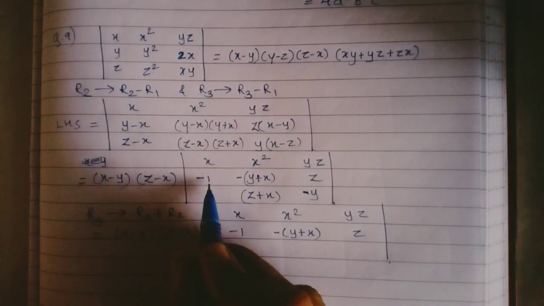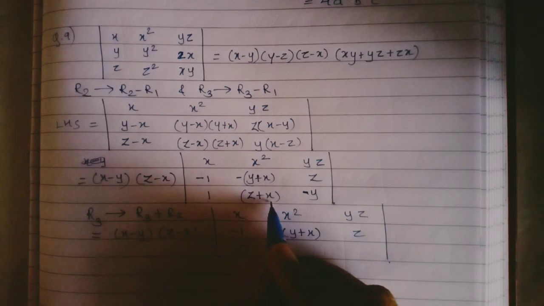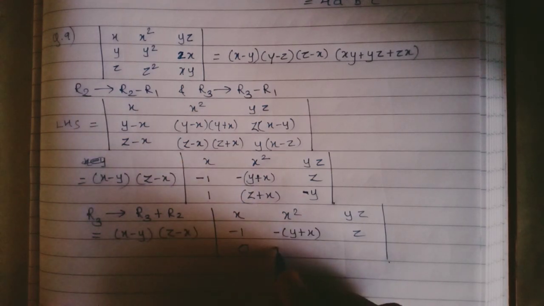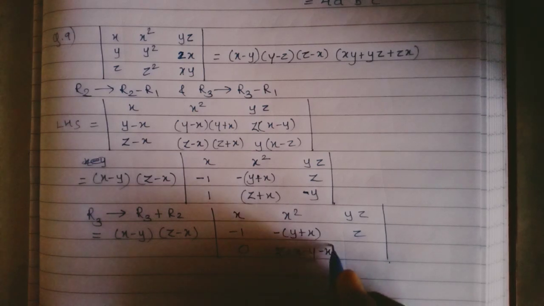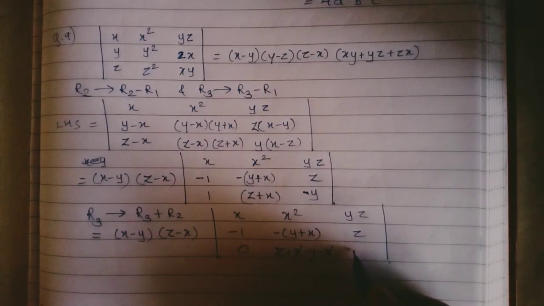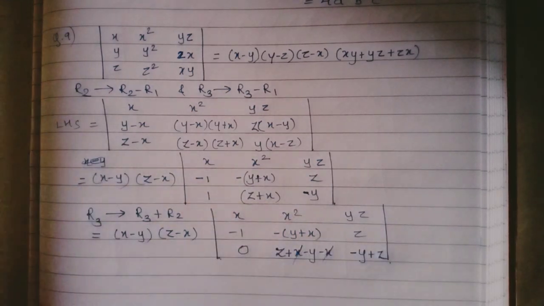So 1 minus 1 0, z plus x minus y minus x, and this will be R3, so z minus y.